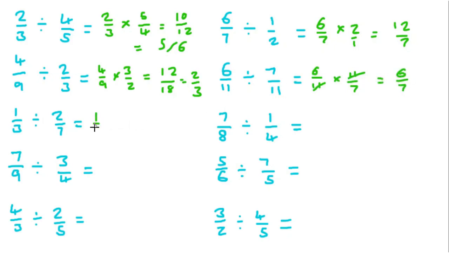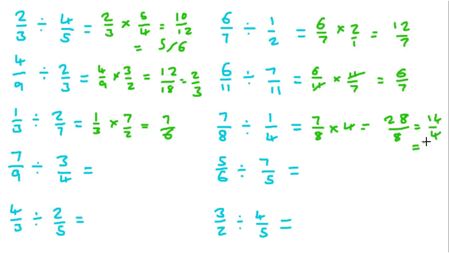Here we have 1/3 multiplied by 7 over 2, and that is 7 over 6. Next up we have 7/8 divided by a quarter, so that is 7/8 multiplied by 4. That is equal to 28 over 8, which is the same as 14 over 4, which is equal to 7 over 2.